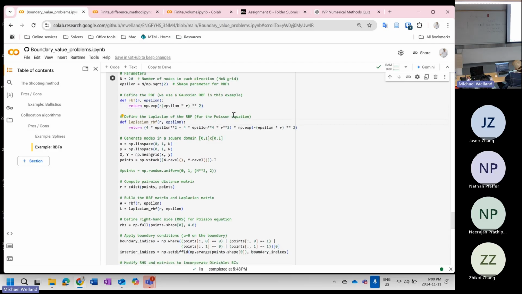Laplacian RBF. So here's where the magic comes. We know if we have the kernel, especially with a Gaussian, it's infinitely differentiable, right? I forget the terminology, I think it's compact or something. But you can just keep taking the derivatives.